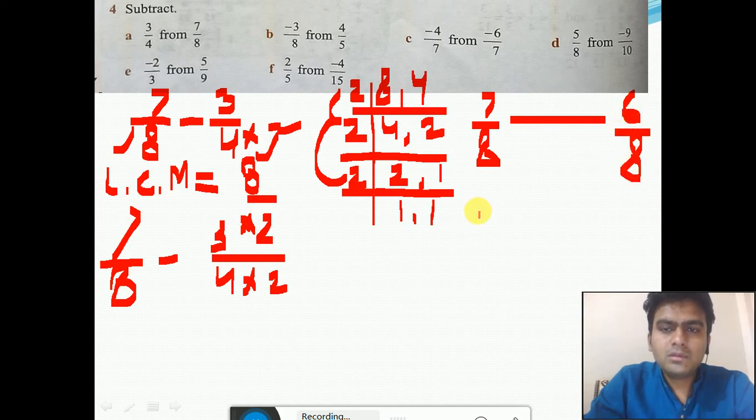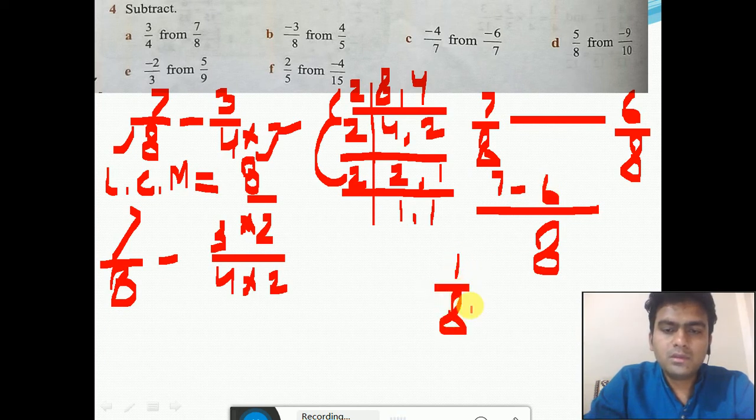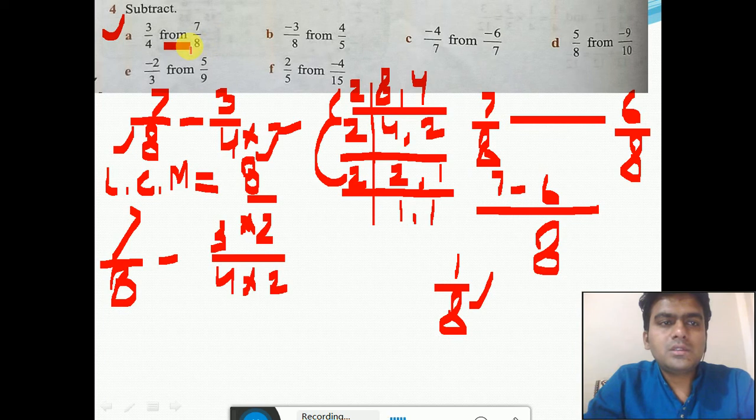Now the denominator 8 is common, so 7 minus 6 equals 1 upon 8, the answer.